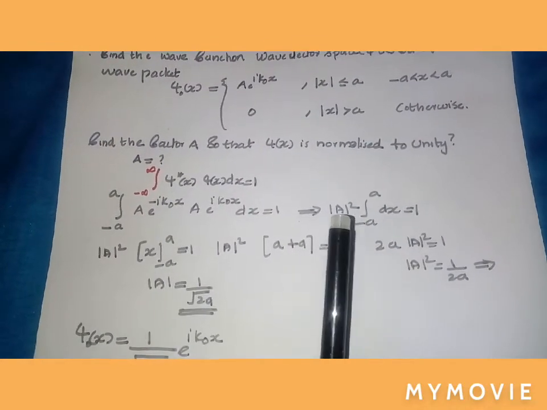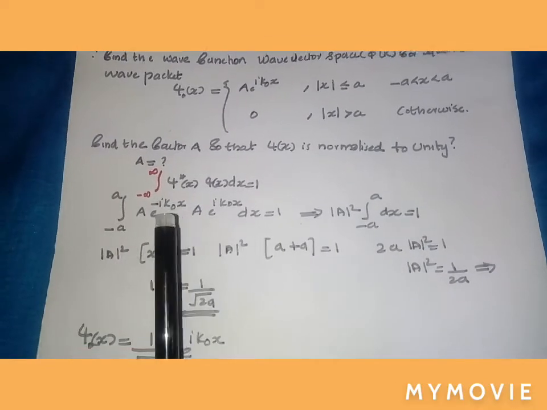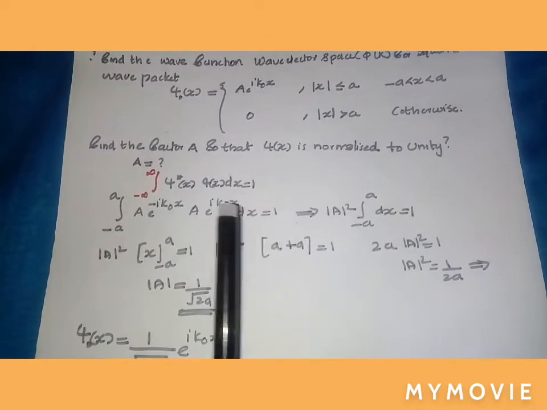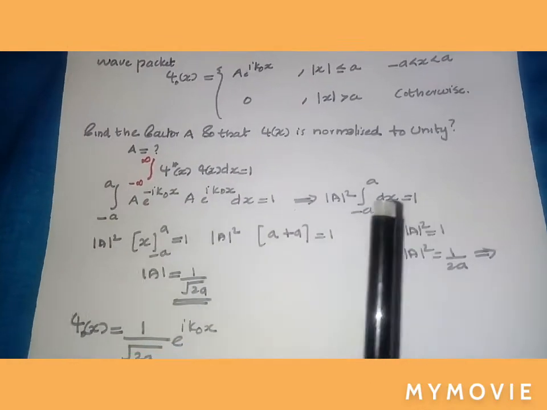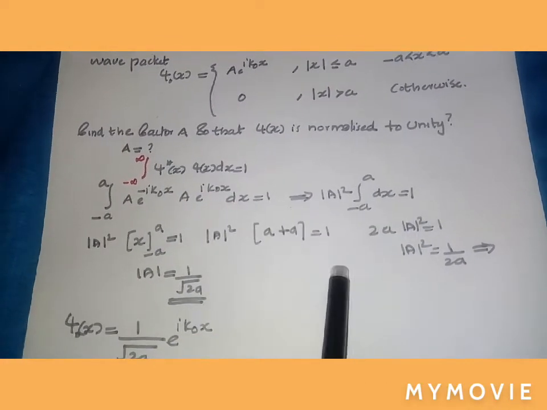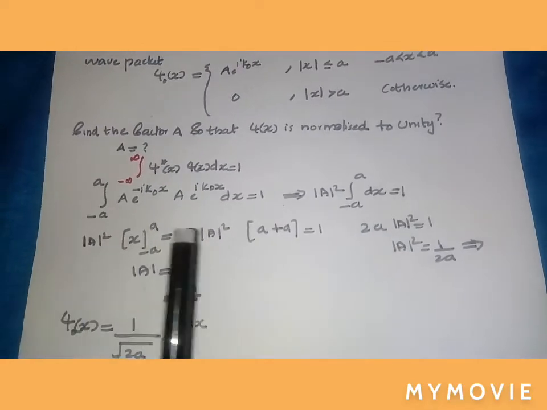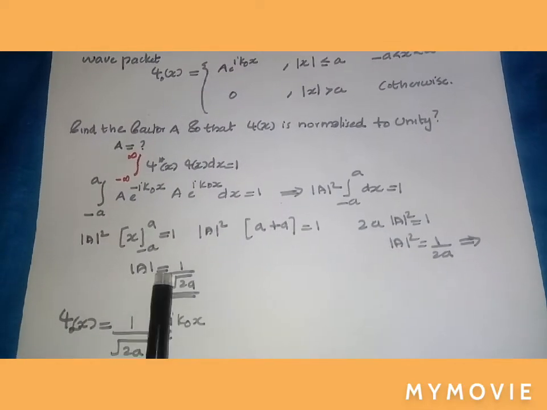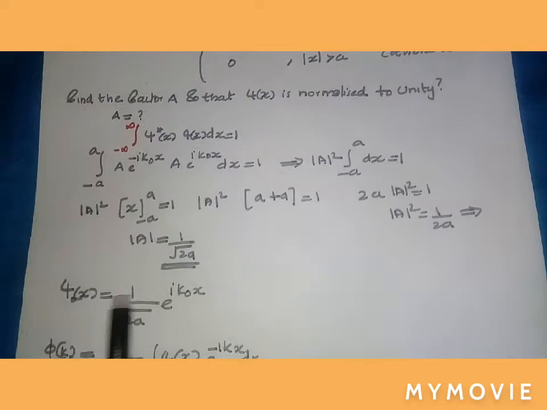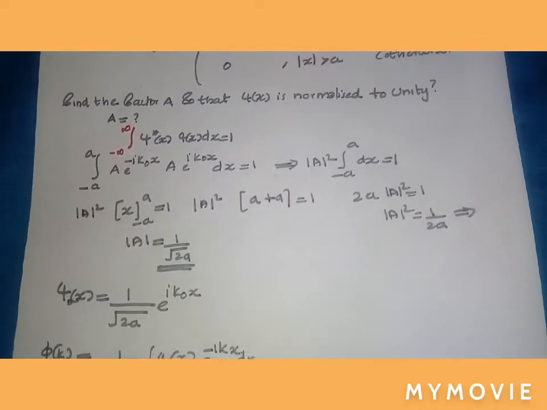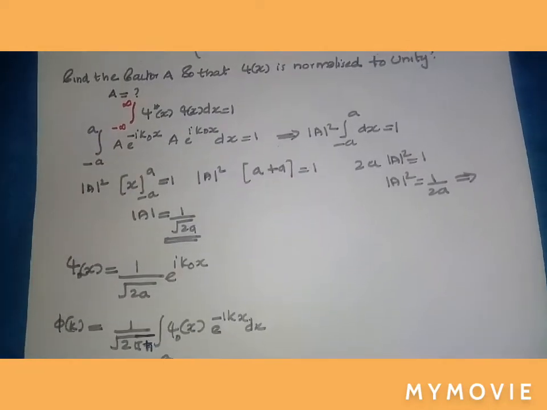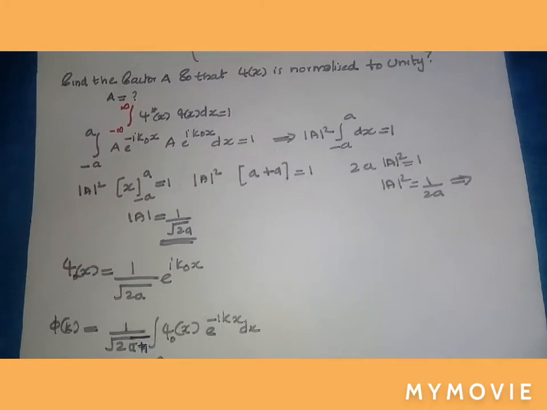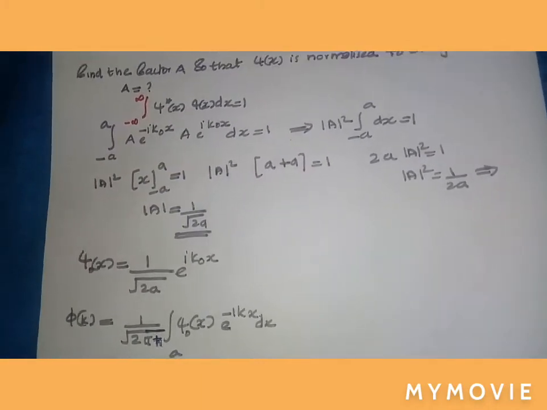A into a, that is mod a square, integral minus a to a, e raised to minus i k naught x into e raised to i k naught x, that is e raised to 0, into dx is equal to 1. After integrating we get x, put the limits and we get the answer as mod a is equal to 1 by root 2a. So we get the function in position space, that is 1 by root 2a e raised to i k naught x. And next we have to find the wave function in momentum space.